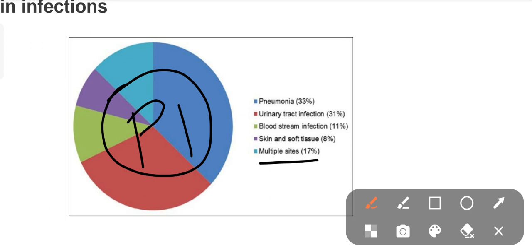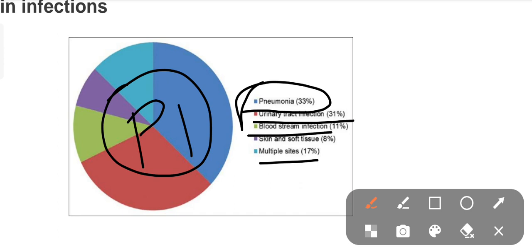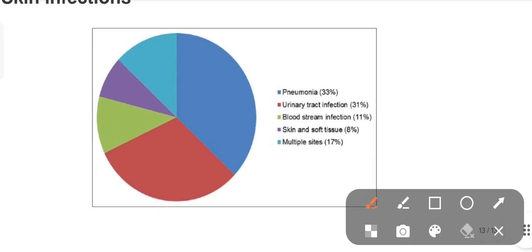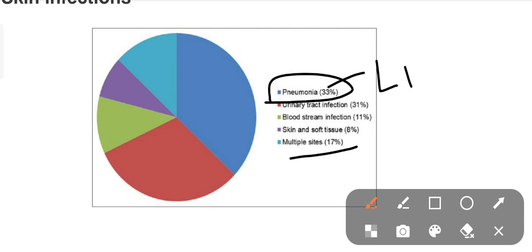Firstly, pneumonia is the major cause of hospital acquired infection, and later urinary tract infection is 31%, and after that bloodstream infection, skin and soft tissue, and multiple sites. These are the minor causes of hospital acquired infection. Patients can mostly get pneumonia, a lung disorder. In hospital acquired infection, the major disease is pneumonia, at 33%.